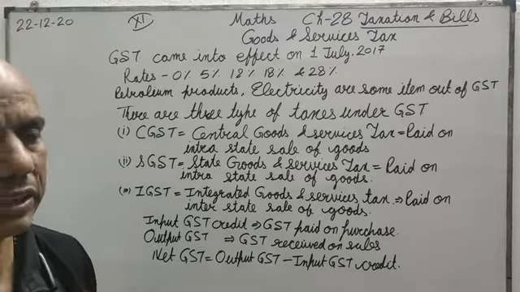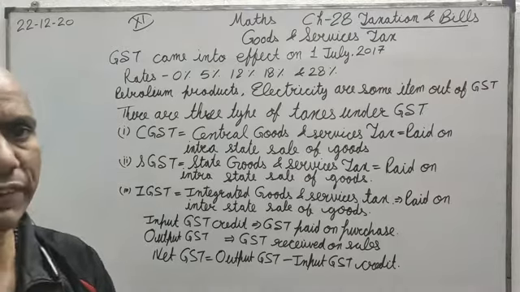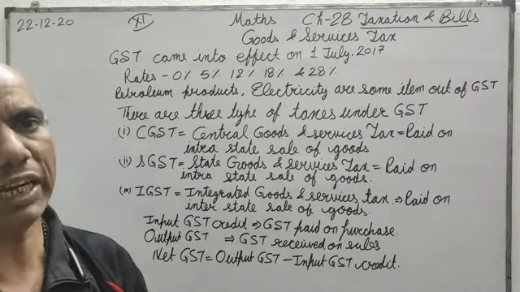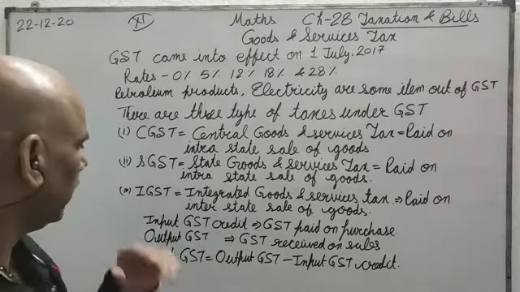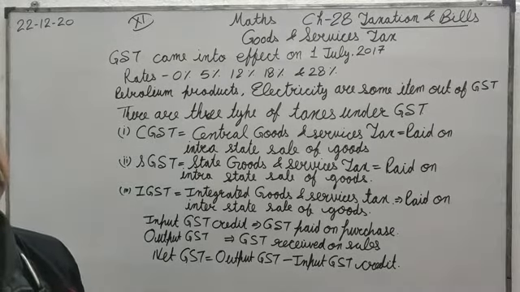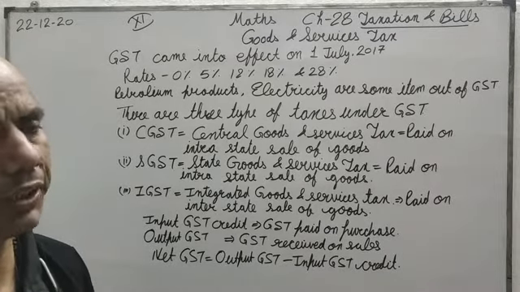Similarly, another one is SGST, the State Goods and Services Tax, which is also levied on intrastate sale and purchase. Whatever tax is levied on intrastate is divided equally into CGST and SGST. Then another one is IGST, that is integrated goods and services tax. This is paid on interstate sale and purchase of goods, and this is paid to the central government.